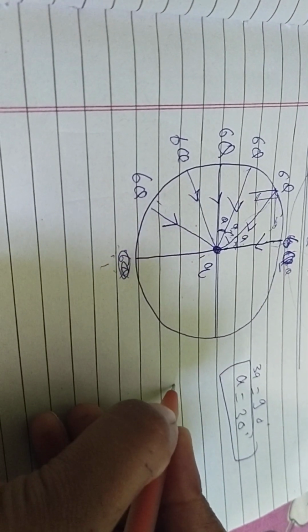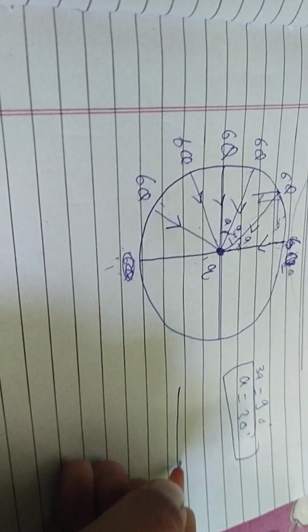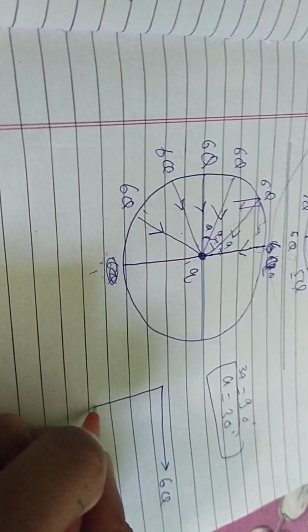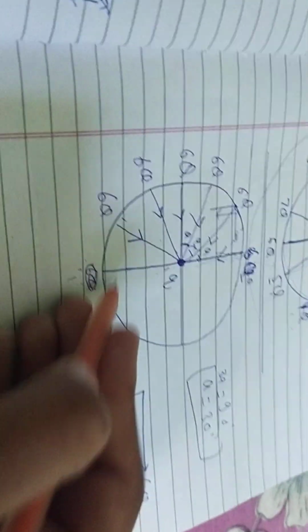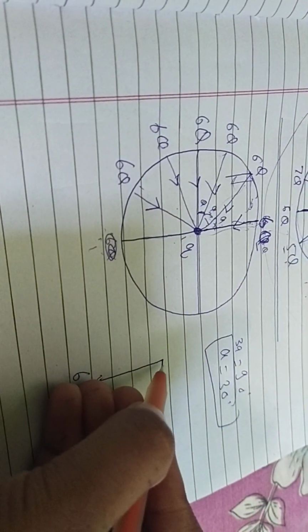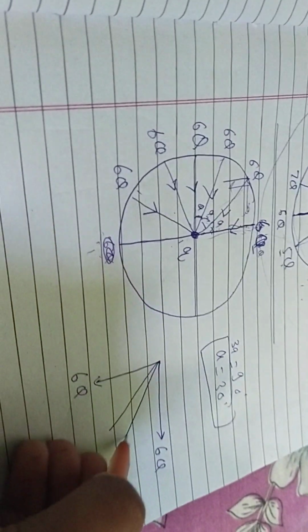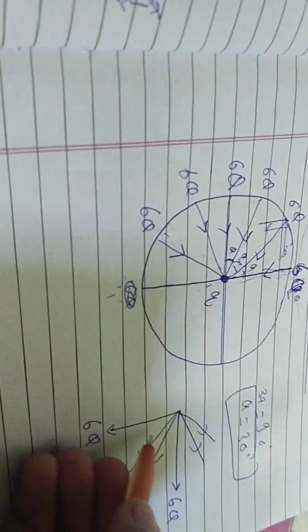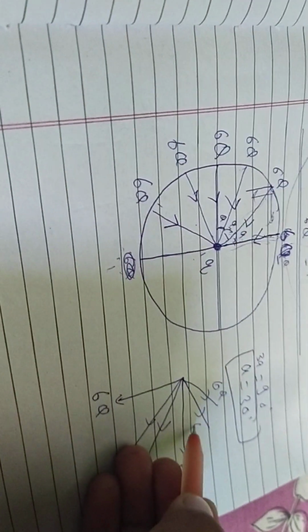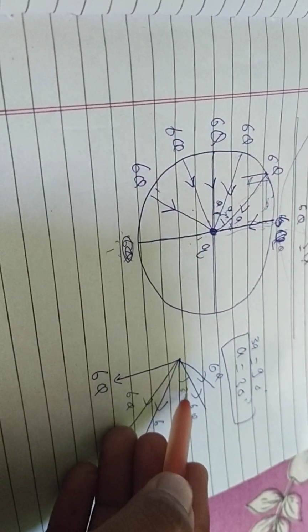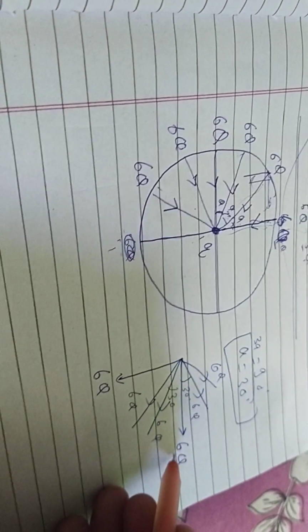So I am doing like this. This is 6q. Then I'm showing this arrow to here. 6q, and then 2 arrows here and 2 arrows here. It is also 6q. Now here it's 30 degrees, here it's also 30 degrees, here 6q.